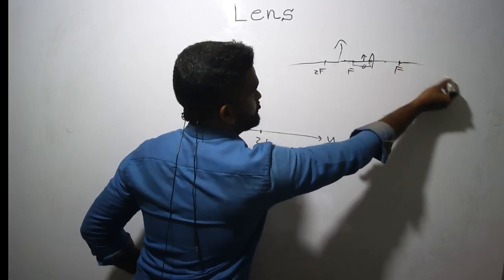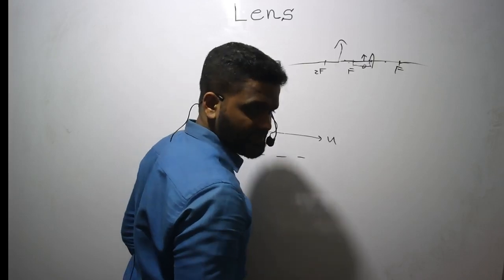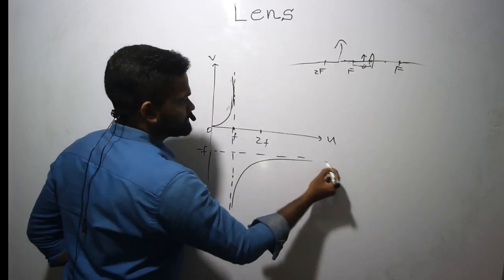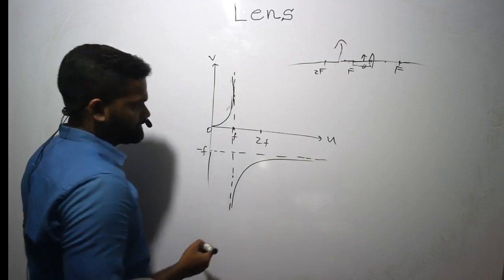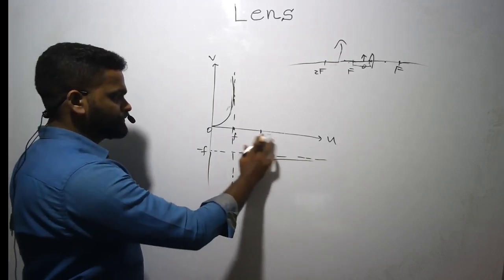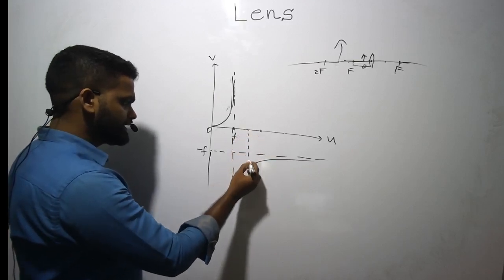Images are formed beyond f, beyond the secondary principal focus, right? So the graph will be like this. If you want, you can have that 2f thing.